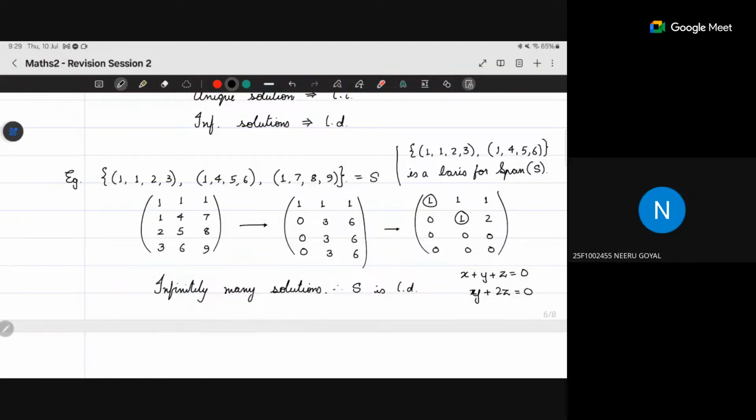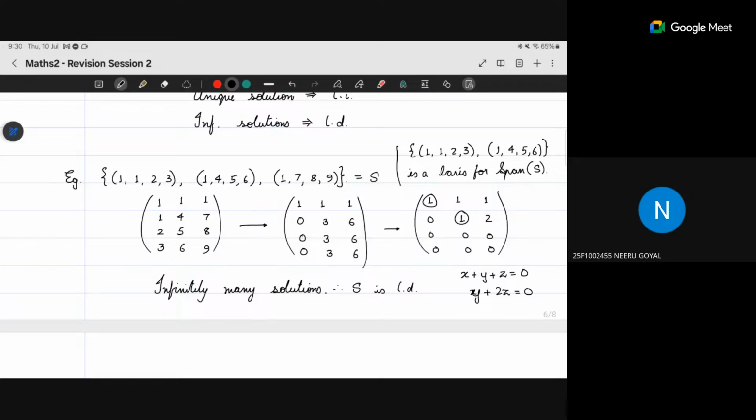But S is not a basis because there is some dependence. That's why we have something smaller than S. So this is not a minimal spanning set. This is a spanning set for span S by definition, but it is not minimal because there is some redundancy. And this method tells you that if you remove the third vector and just work with two vectors, that happens to be a basis for span S.